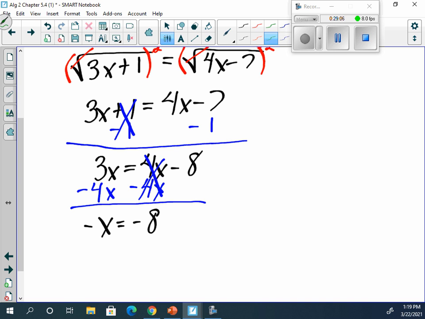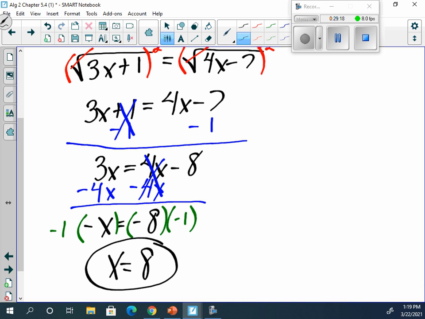Yes, we need to multiply both sides by negative 1, because we do need the value of x to be positive. We get x is equal to 8. We could have also divided by negative 1, and that would have given us the same thing. Any questions on anything we've done so far?